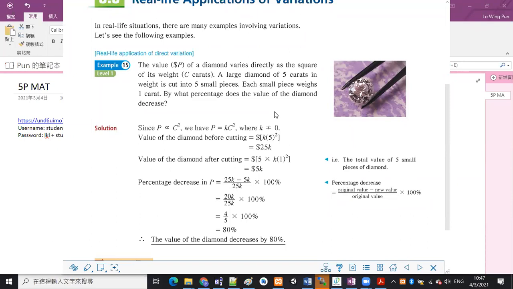But there is one type of question about percentage change, and that is actually more complicated. But when you remember the framework of doing this type of problems, then all of them are very, very standard. There will be no tricky questions in this chapter.